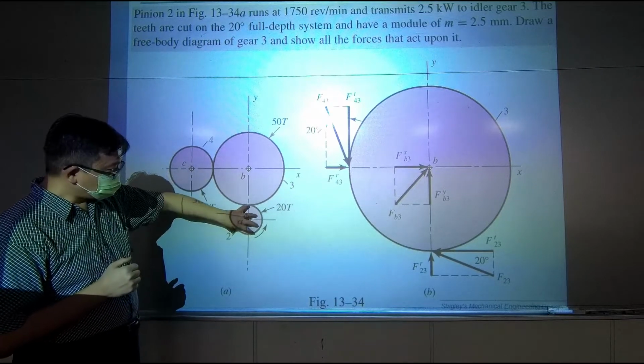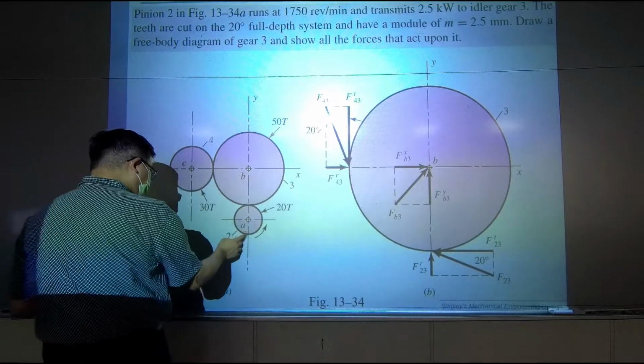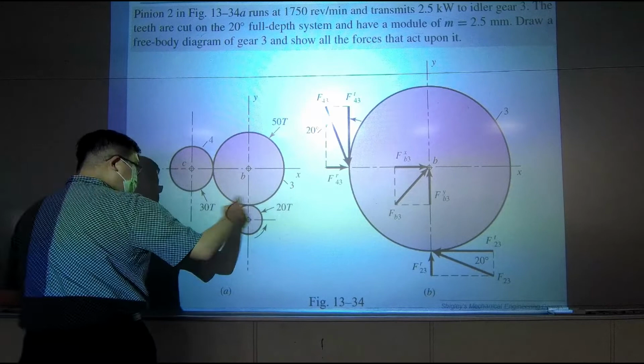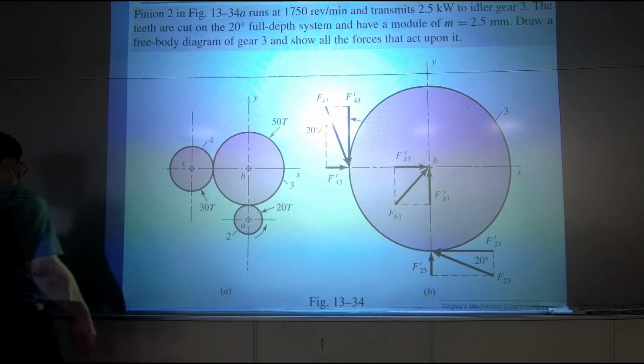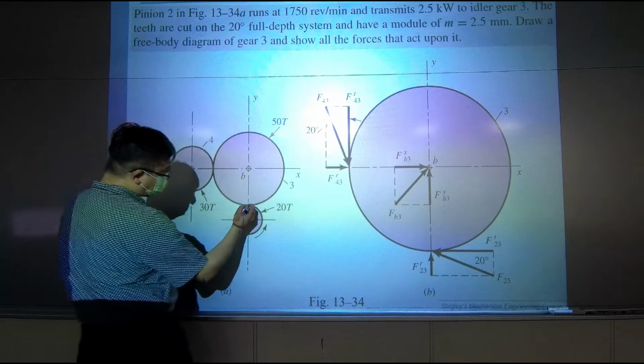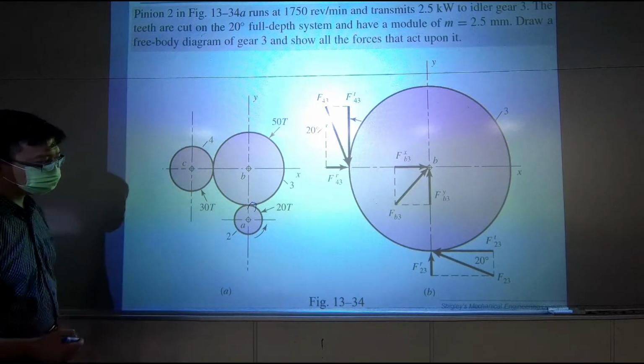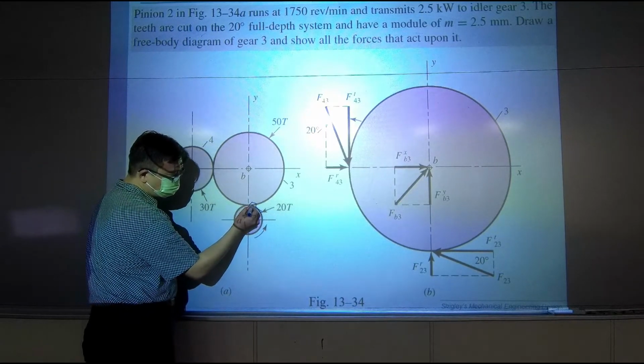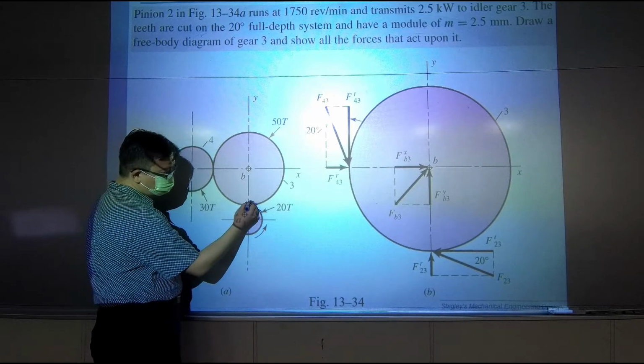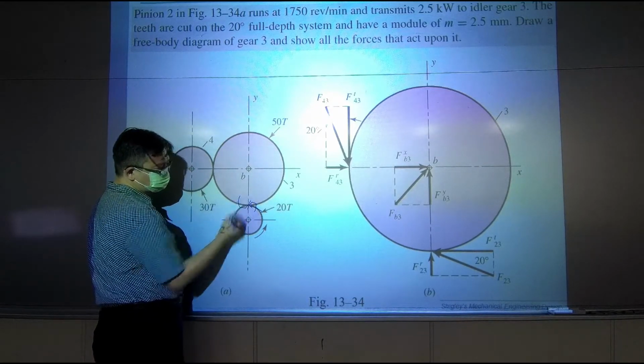Okay, so if I have a small gear right here, which is rotating counterclockwise, then we can think about the tooth right here. It's pushing the tooth on the other side.